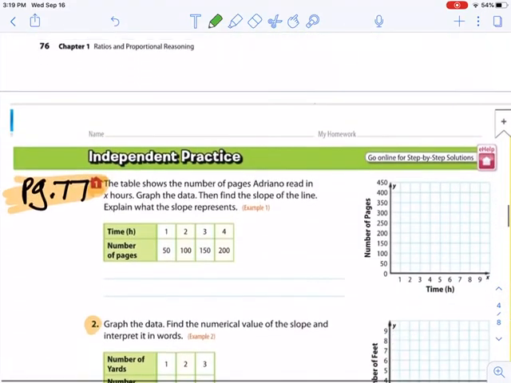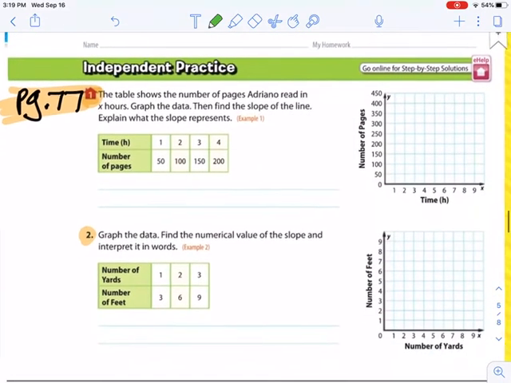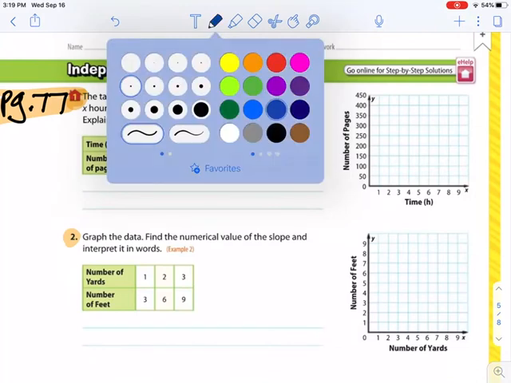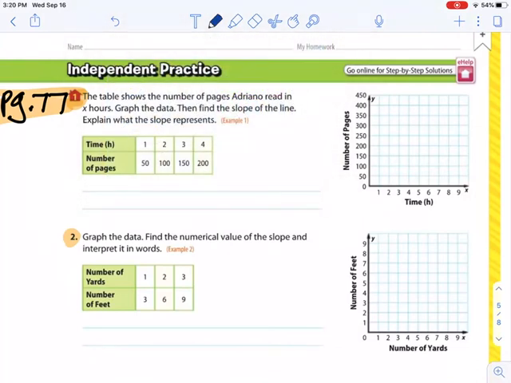All right, next question. Turn to page 77, and I want you to graph question number 1. So those are where your points should be.